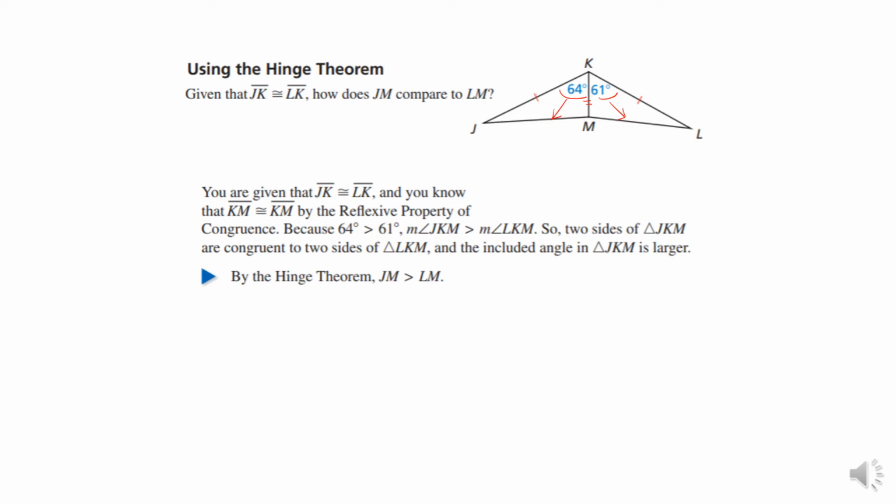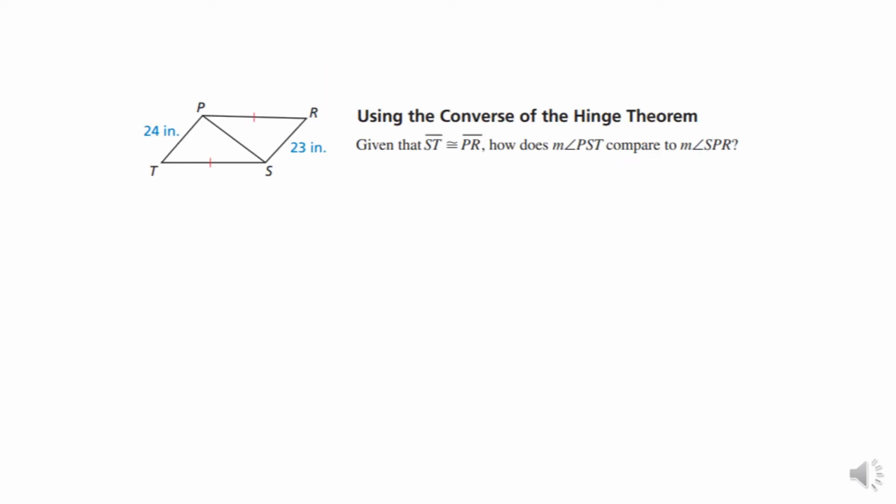Okay, let's look at some more. Okay, using the converse of the hinge theorem. So we're given the sides, okay, again, notice that we have a same side, so that's our second angle. So here's my included angle, okay.